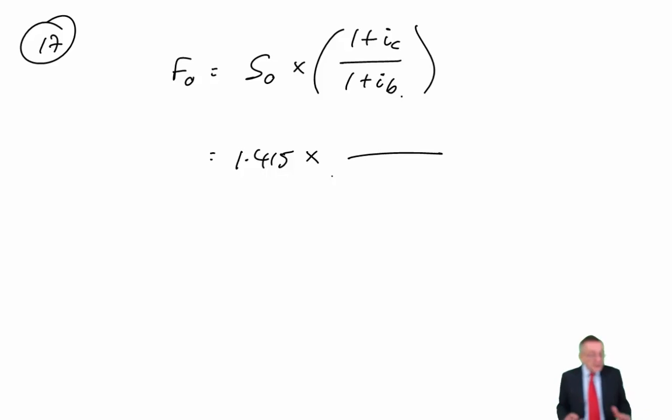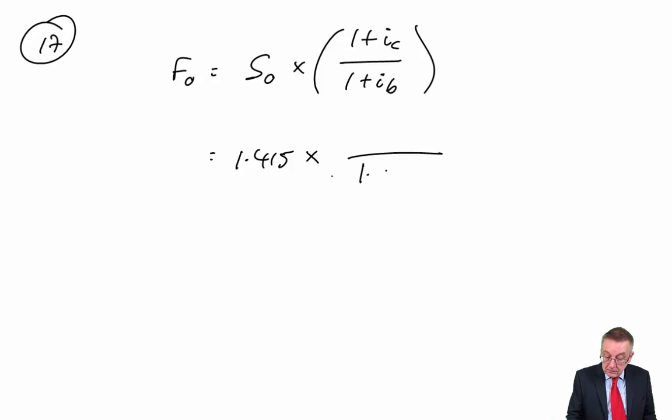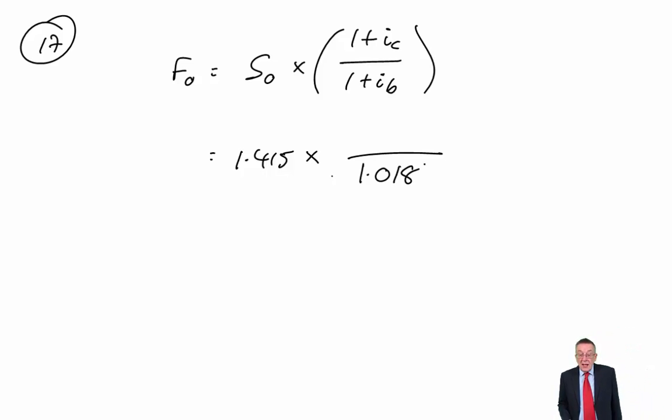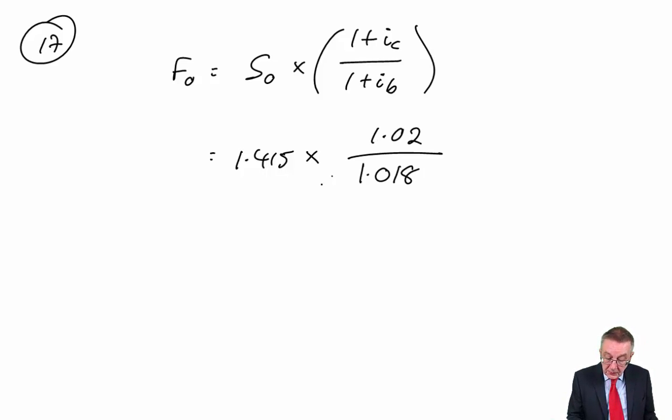So I say the dollar's the base country, the home country, and the interest rate for the dollar is 1.8% or 0.018. IC on the top is the other country, which was the euro country, and the euro interest rate is 2% or 0.02.